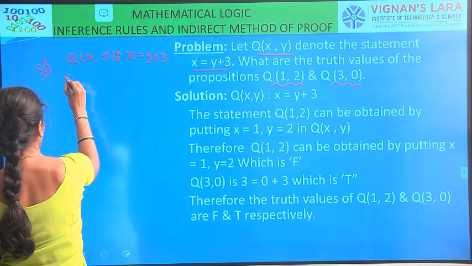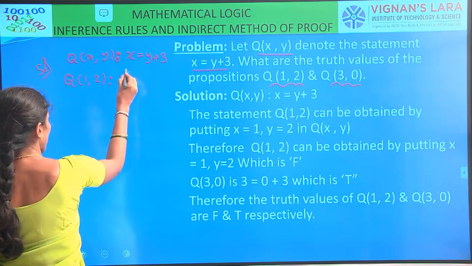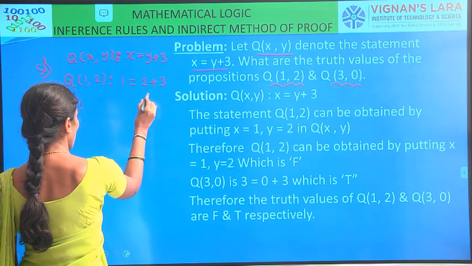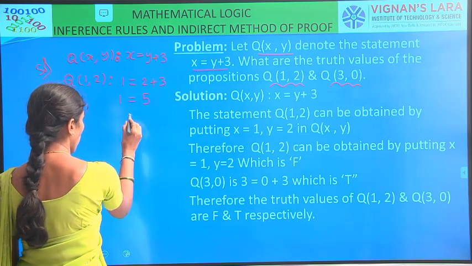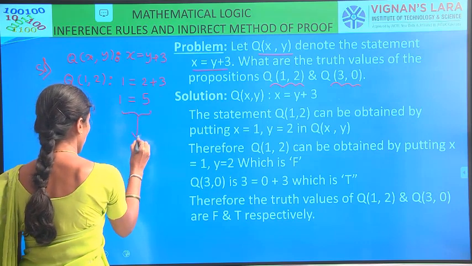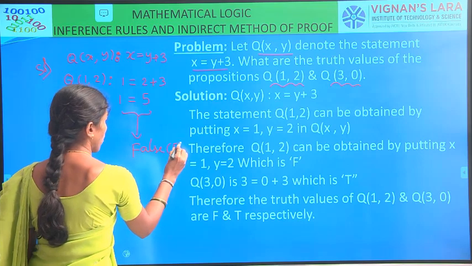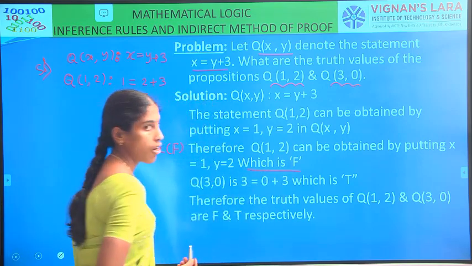Now what is the first one? Q of 1 comma 2. Put x is equal to 1, y is equal to 2. 2 plus 3 is 5. Are both equal? No. So which leads to false, means F. So the truth value of Q of 1 comma 2 is false.